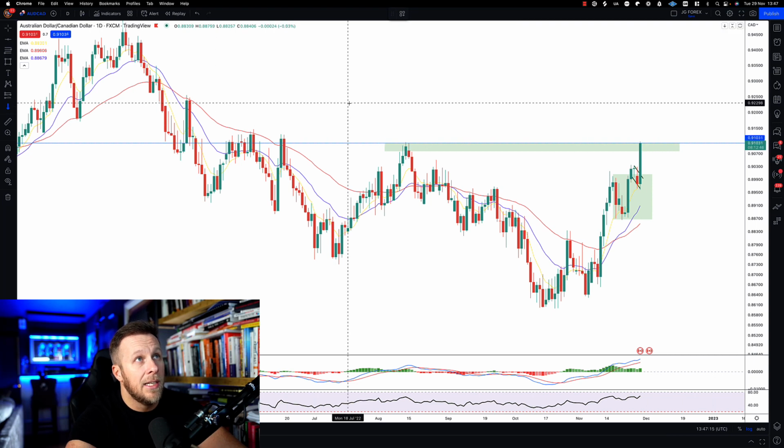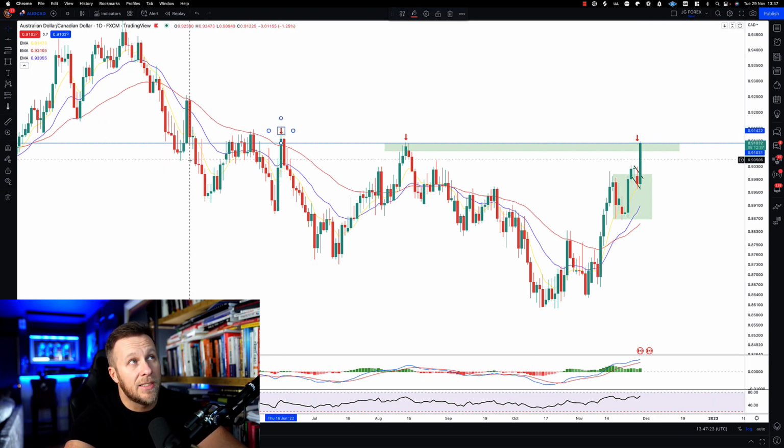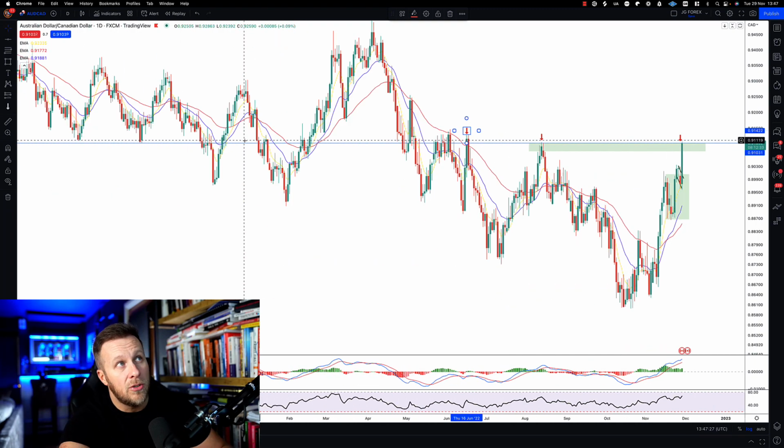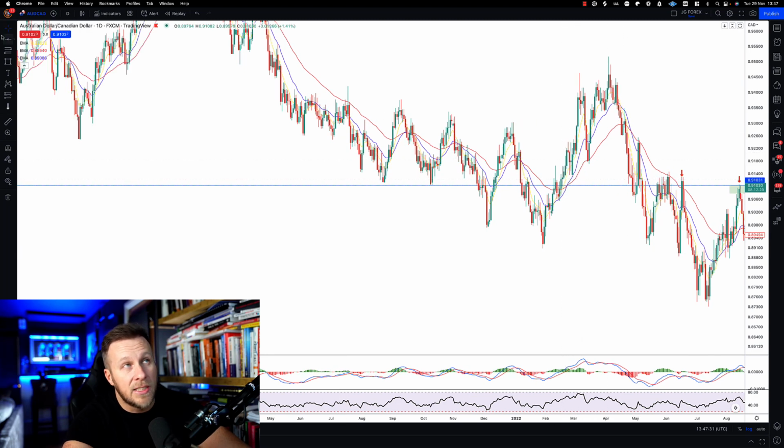Now, immediately, you can already see that this was previous structure resistance, right, where we're at right now. But you can also see that this zone was previous resistance. Also, we had this nice shelf here of resistance. And if we zoom out and get a bigger perspective on this, let me just bring on my tool. You can see that we actually held here, we held here, right?